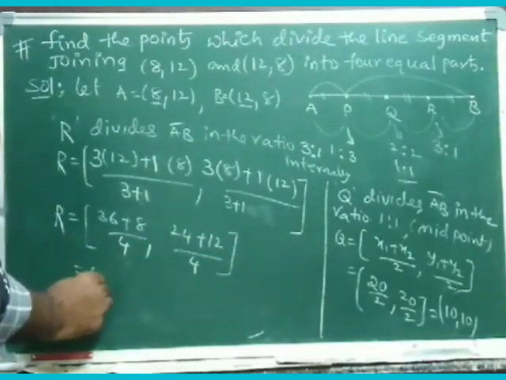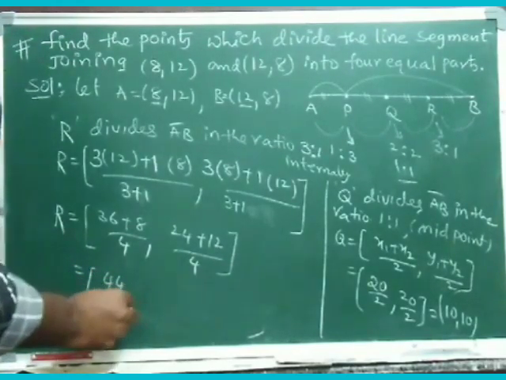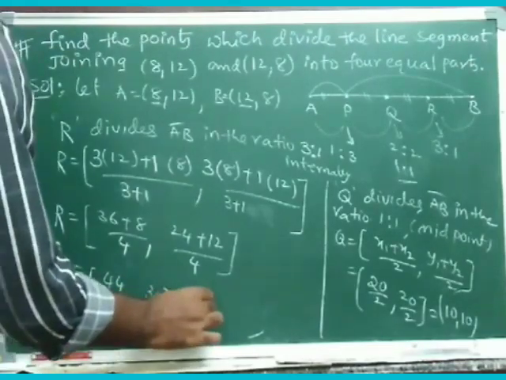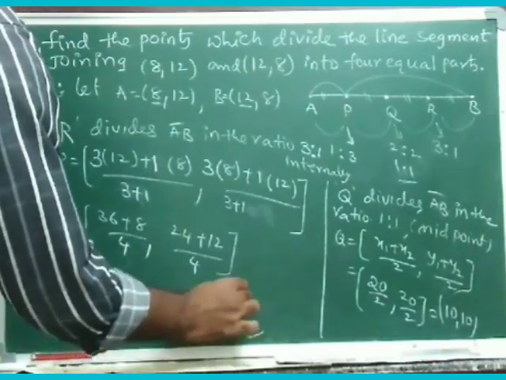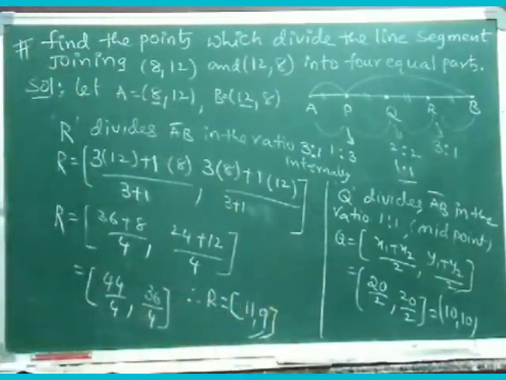So 36 plus 8, 44 by 4, and this is 36 by 4. Hence R is 11 comma 9. So the first point is (9, 11), the next point is (10, 10), and the third point is (11, 9). Using the section formula, we can find PQR in this manner.